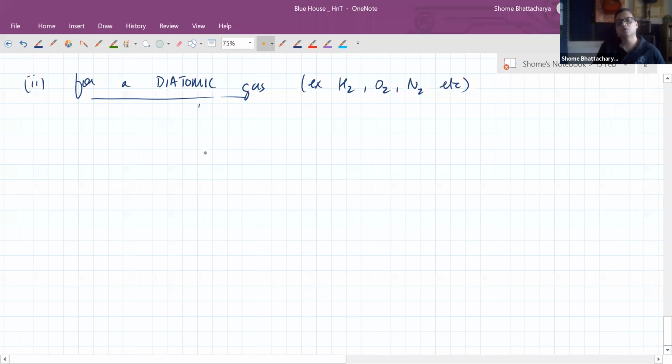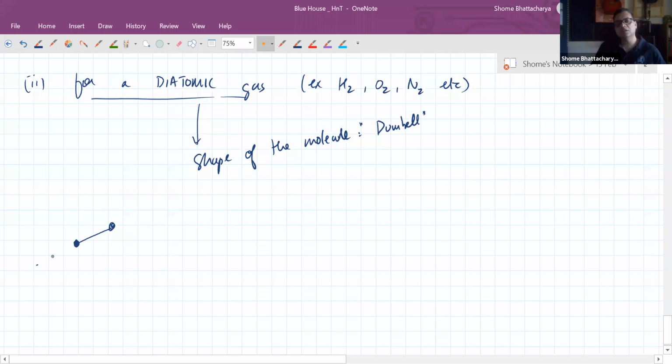The shape of the molecule is like a dumbbell shape, where there's actually no rod in between. It's just two particles which are attached by an imaginary rod, which is like the interatomic bond.